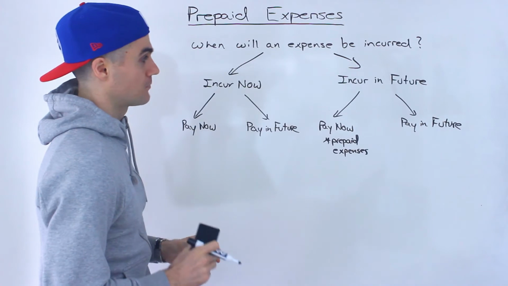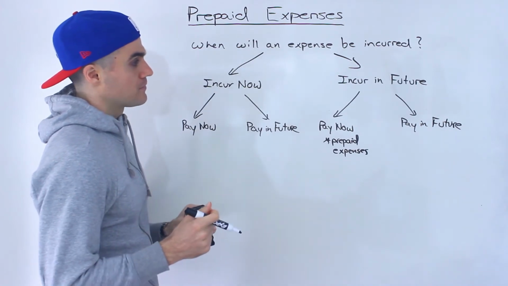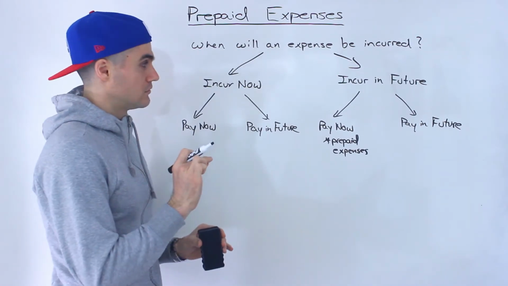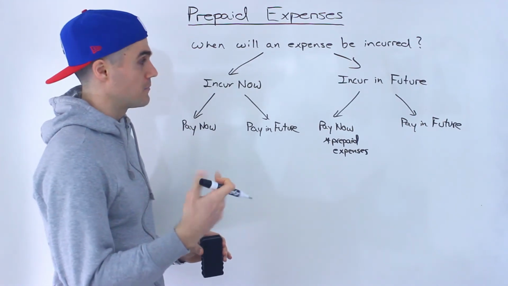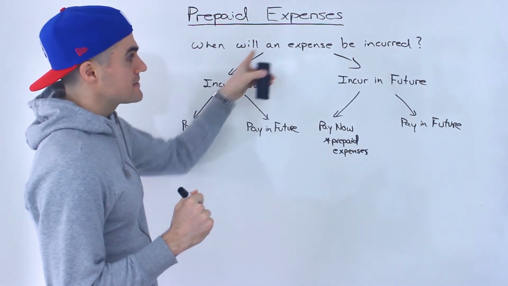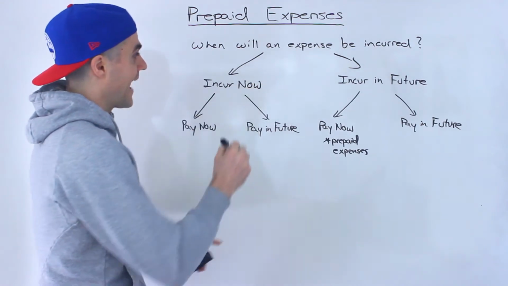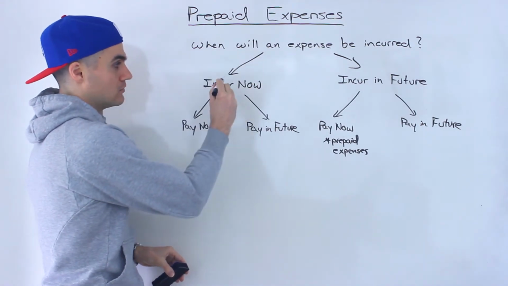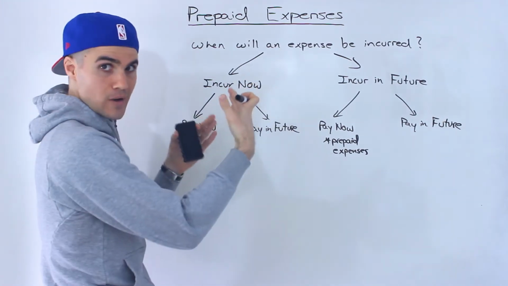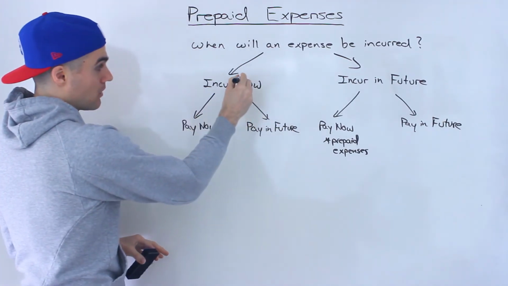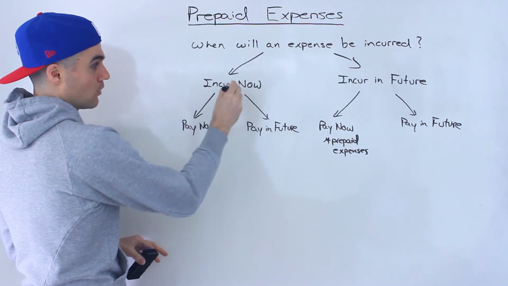in the future. Now, if you remember from the accounting fundamental videos, when we talked about expenses, when we first brought them up, we said for an expense to exist, it has to be incurred now. And so notice for an expense to actually come about, it can only come about in this area over here.